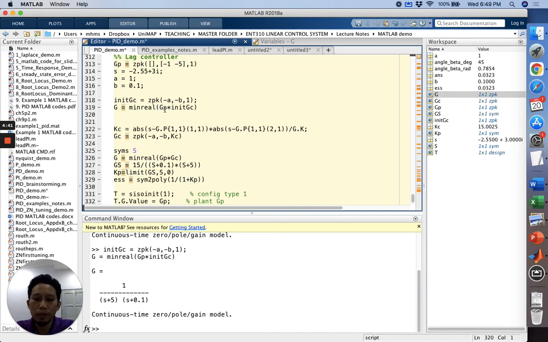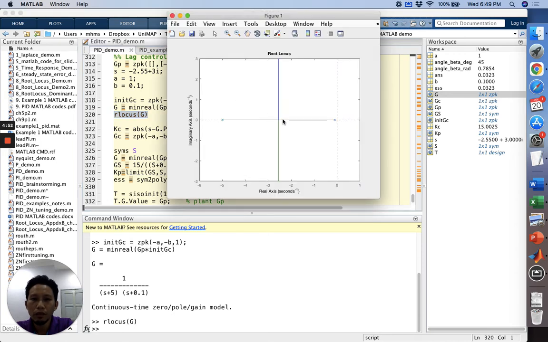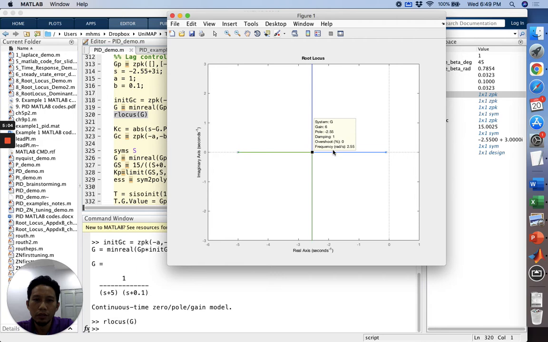So we can plot the root locus of G. What we get here is the breakaway point at negative 2.55.